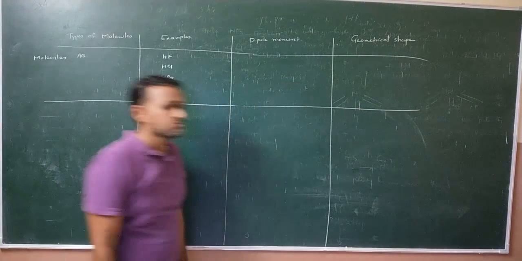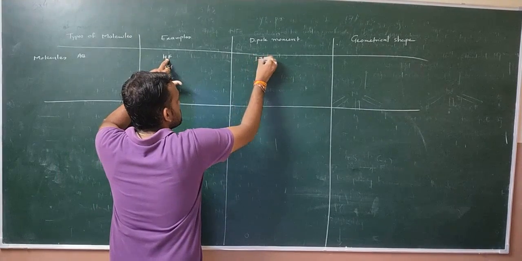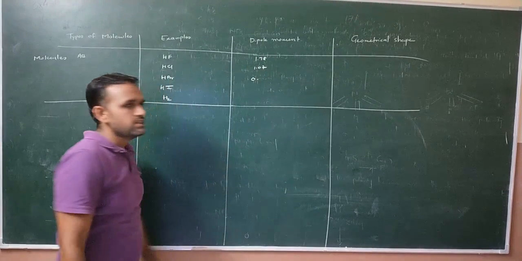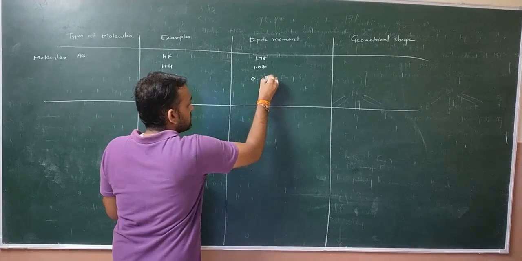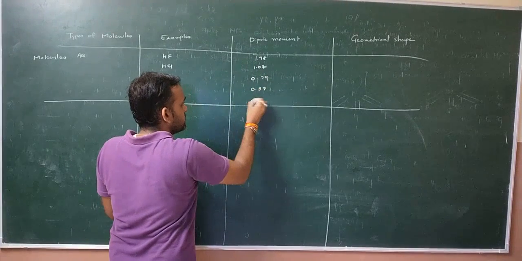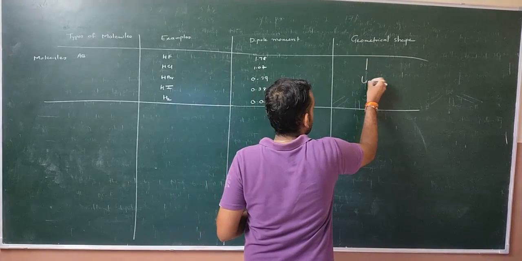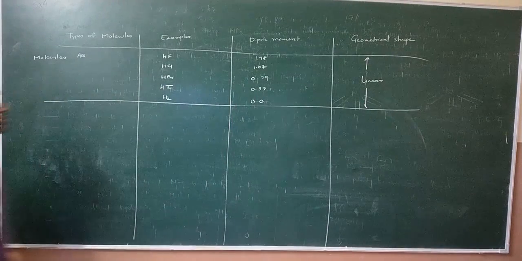Here see dipole moment 1.78, 1.07, 0.96, somewhat 0.79, 0.38 and it will be 0. All the geometrical shapes will be linear, right? So these things you have to know.